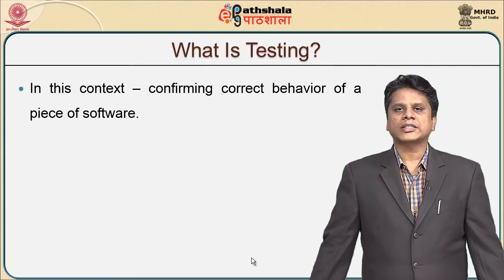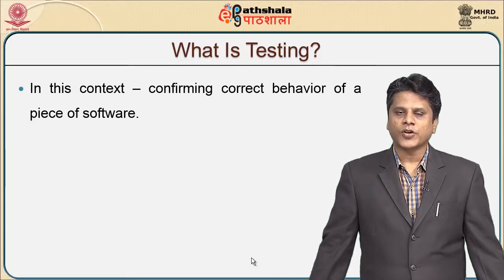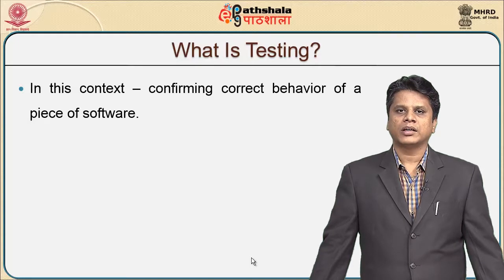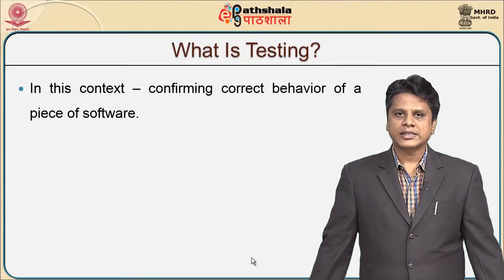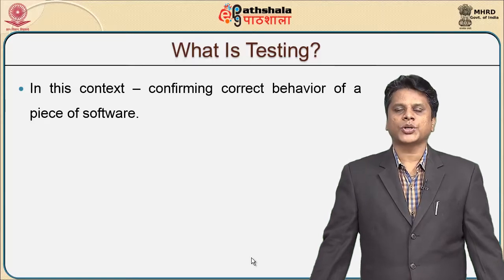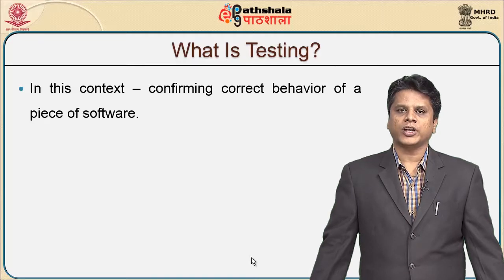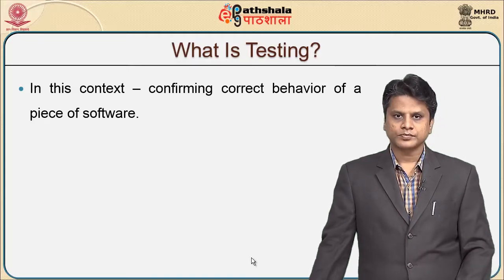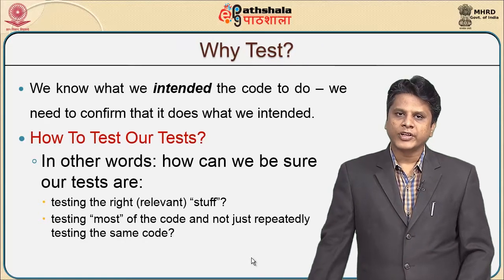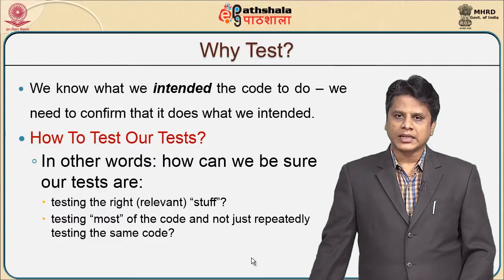So, in this context, we are confirming that the correct behavior of a piece of software needs to be ensured, so that is the actual role of a tester. We have to ensure that the intended behavior of the software is achieved. So, why should we test? We know that we intended the code to do a certain task.